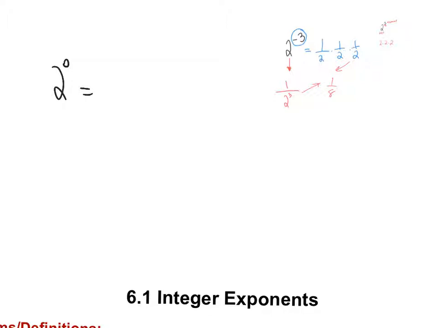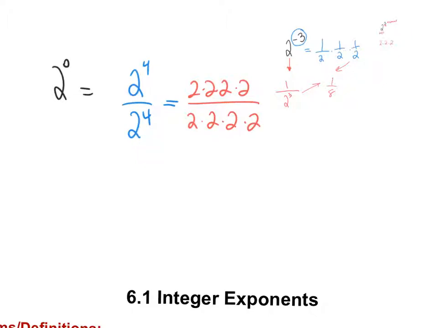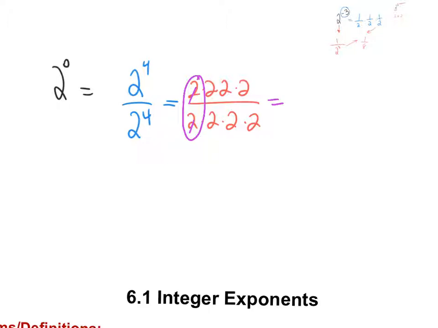It's kind of like if I said to you, you have 2 to the 4 over 2 to the 4, where in reality, if you have 4 2's being multiplied in the numerator and 4 2's being multiplied in the denominator, each 2 is dividing by itself and you get 1. Or if you think of it this way, all of the 2's divide away and you're left with 0 2's. So 2 to the power of 0 is the same thing as 1.